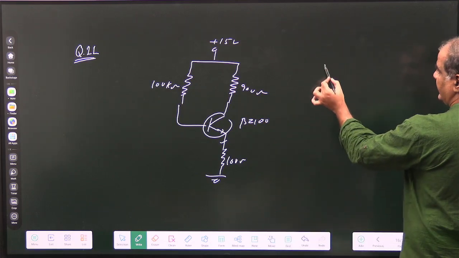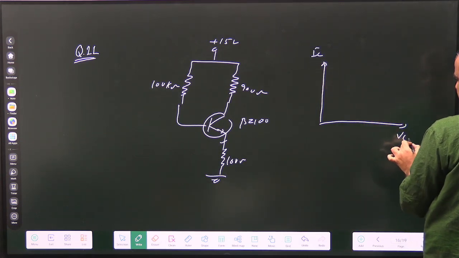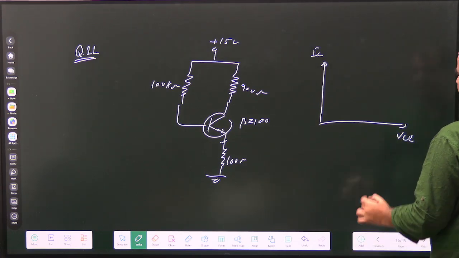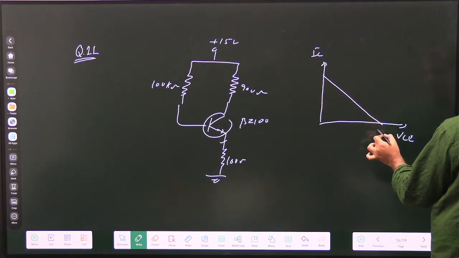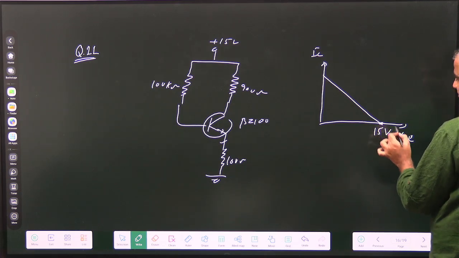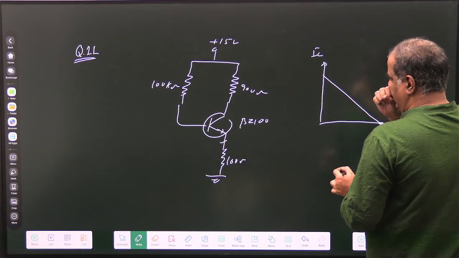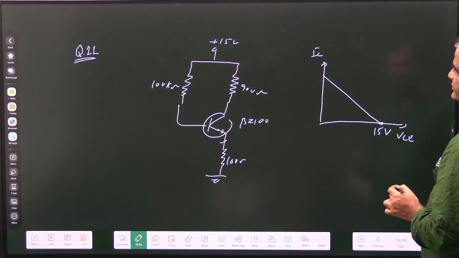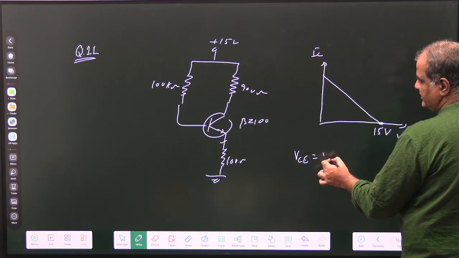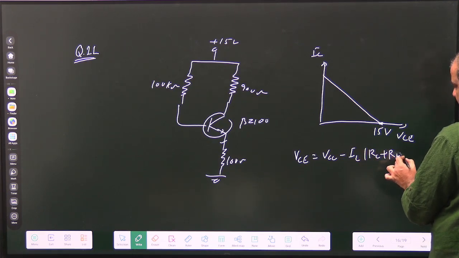First find the end points, IC versus VC. VC will be 15 volt when IC is 0, in cutoff, and in saturation it will be 15 milliamps. VC equal to VCC minus IC into RC plus RE.